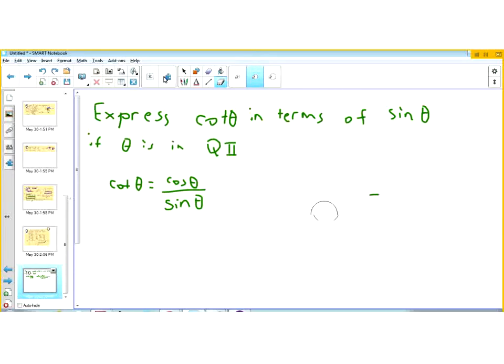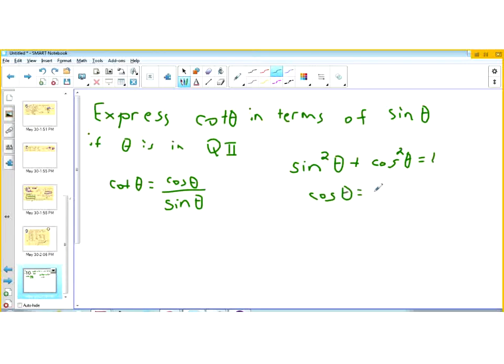Try it again. So we have the sine squared of theta plus the cosine squared of theta is equal to 1. So now this cosine of theta is equal to plus or minus the square root of 1 minus sine squared of theta.